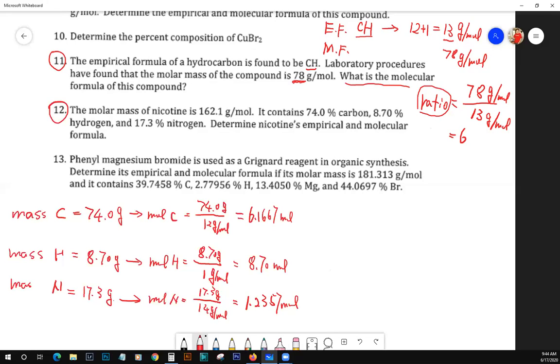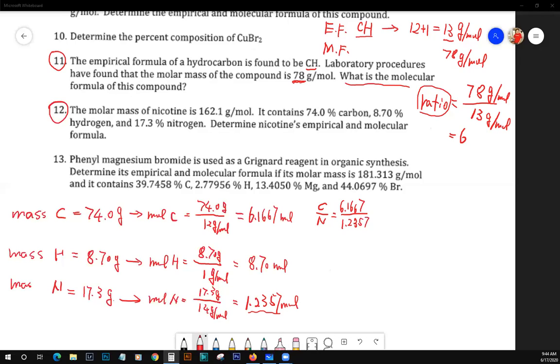Then nitrogen is the smallest number, so everything is divided by nitrogen. Carbon divided by nitrogen: 6.1667 divided by 1.2357 is equal to 5.